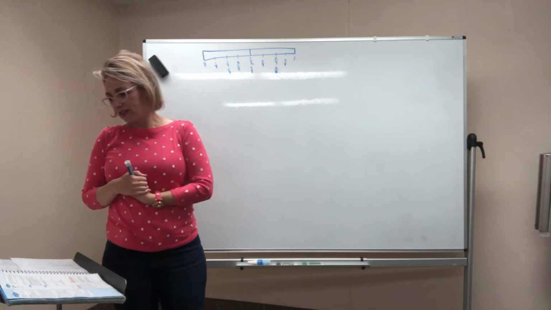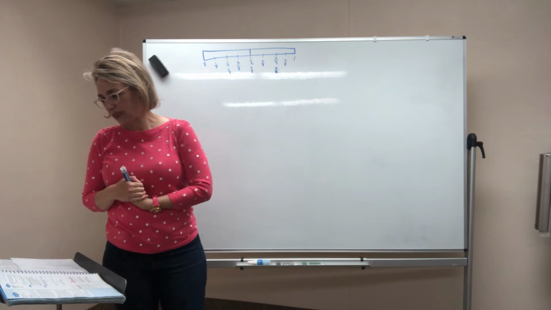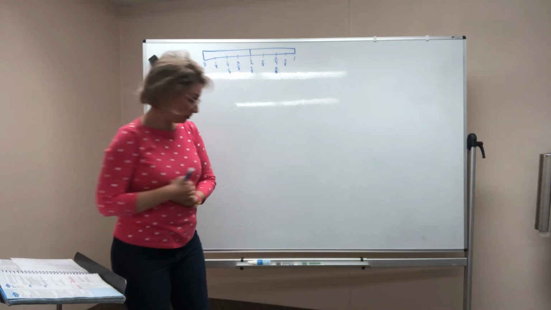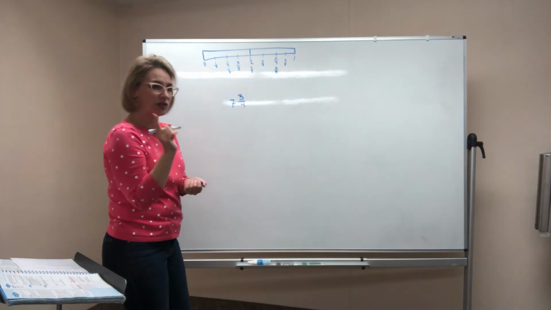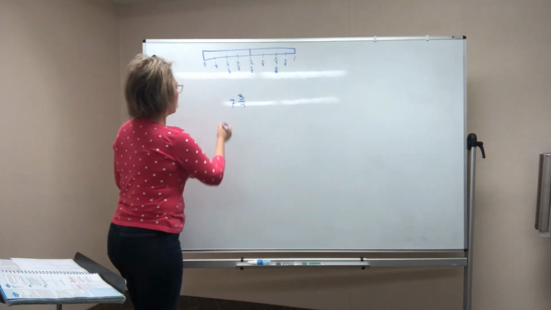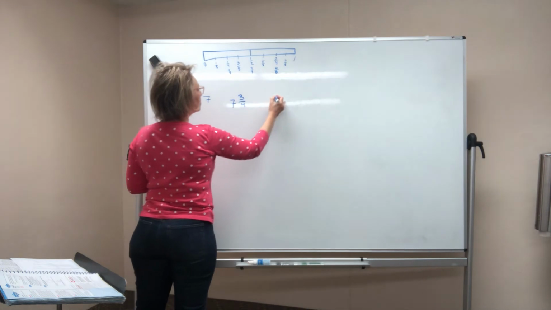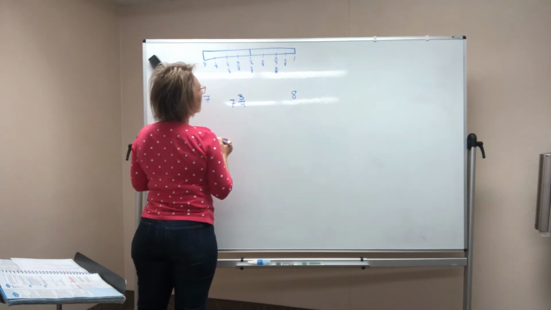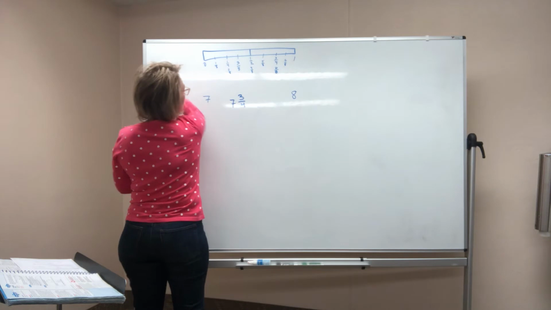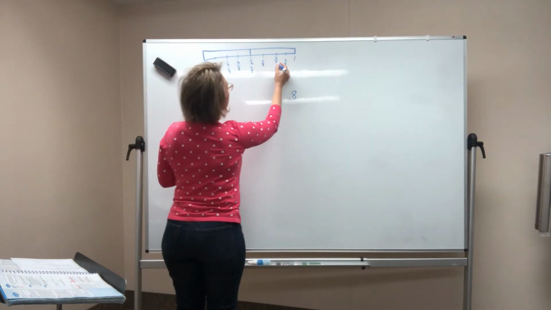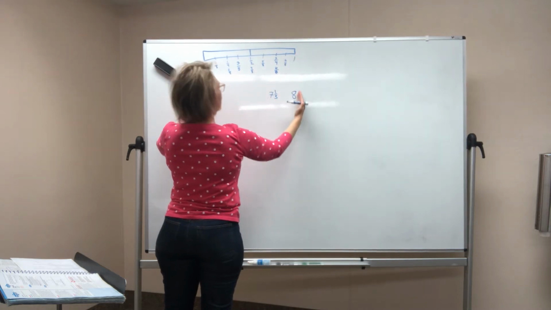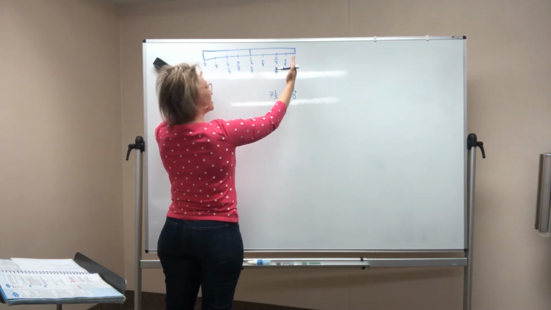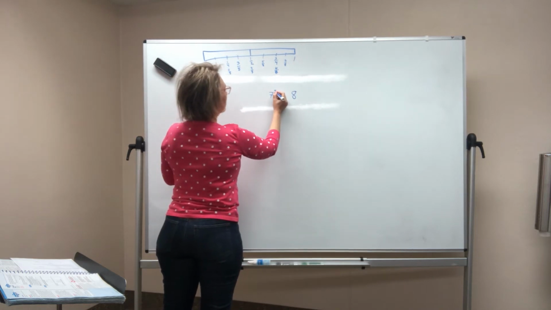If they give us a number like 7 3/4, and we're supposed to round 7 3/4 to the nearest whole number, you simply have to ask yourself, is this number closer to 7 or 8? I'm going to move where this is because I wrote that crazy.